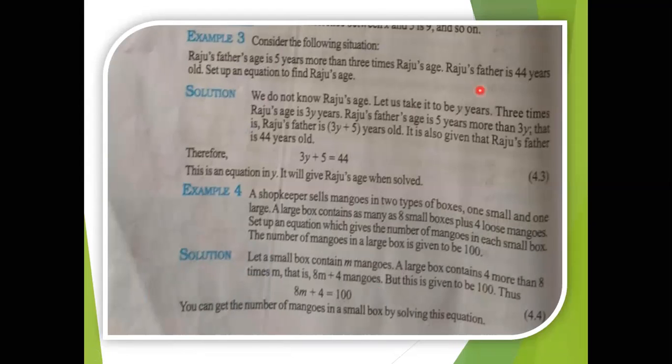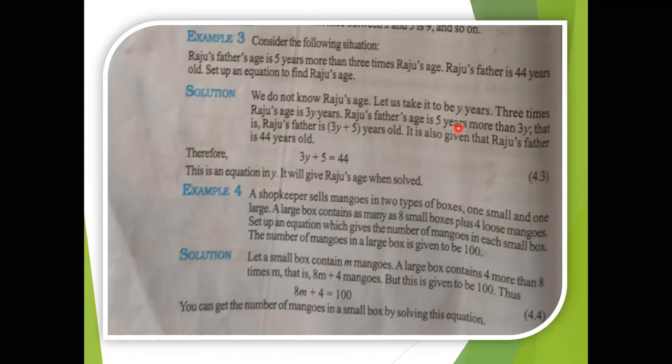So how will you do it? We don't know Raju's age, so let us take it to be y years. So 3 times Raju's age is 3 multiplied by a number, which gives you 3y years. Next, Raju's father's age is 5 years more than 3y.